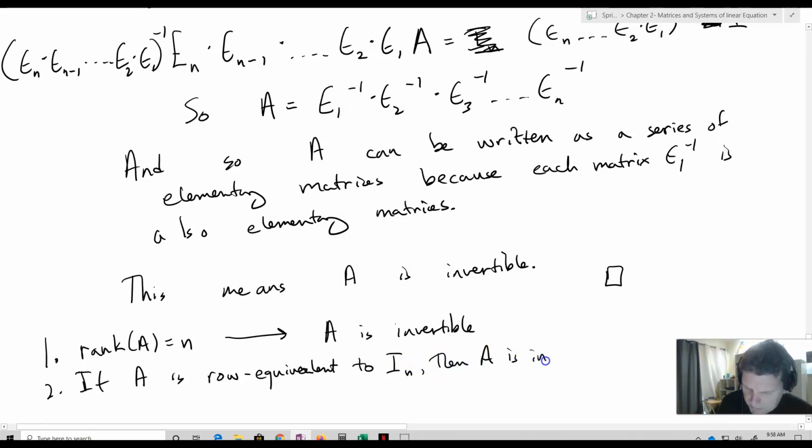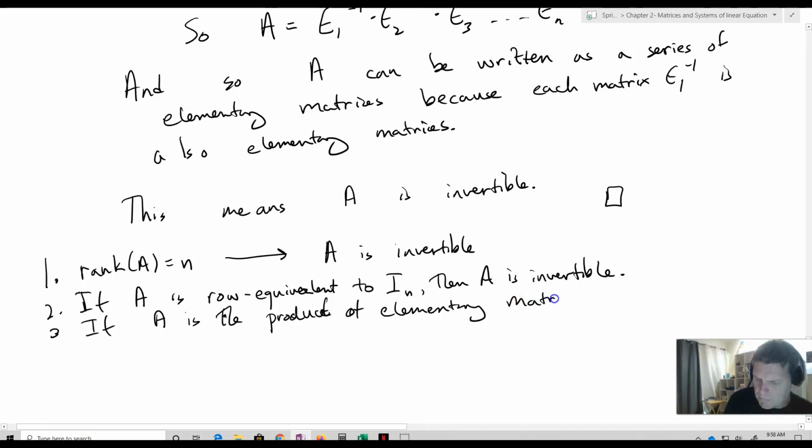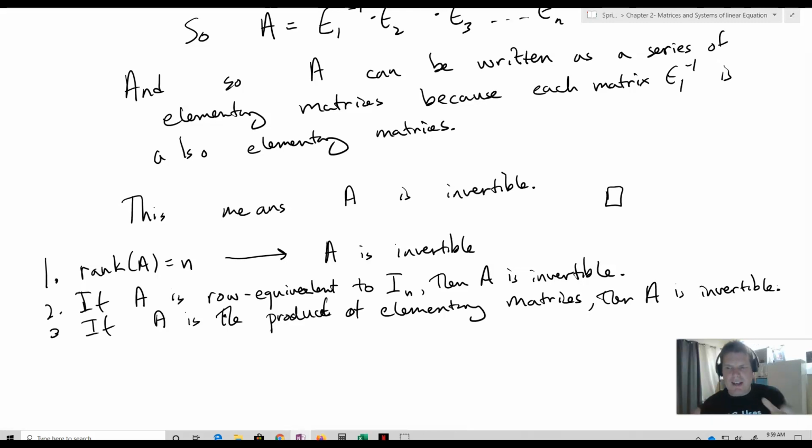There's another one, and we discussed from a previous section that if A is the product of elementary matrices, then A is invertible. All right. That's kind of handy. It's handy to know all those things.